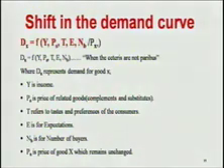Now here we relax other factors. Relaxing other factors means we relax income, price of related goods, preference, expectation, number of buyers, or price of other goods. When we relax those, we assume price is constant. Here price is constant, but we relax the other factors one by one. We call it a shift in the demand curve.